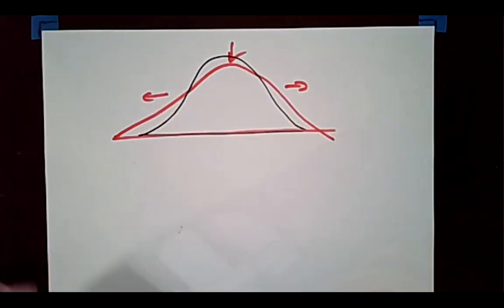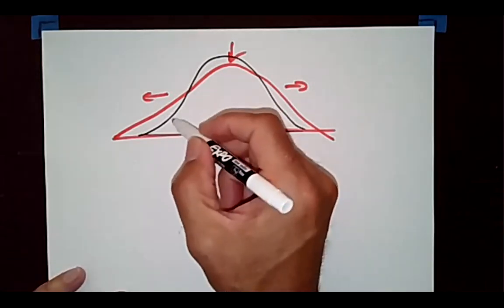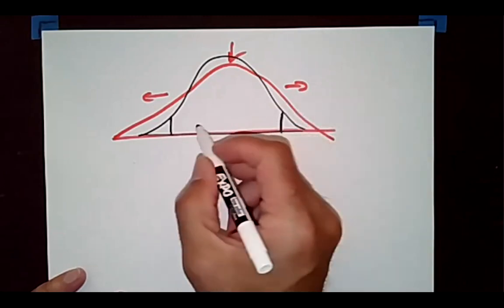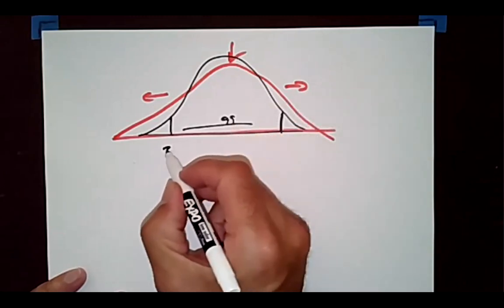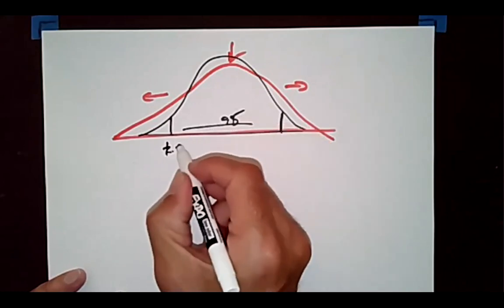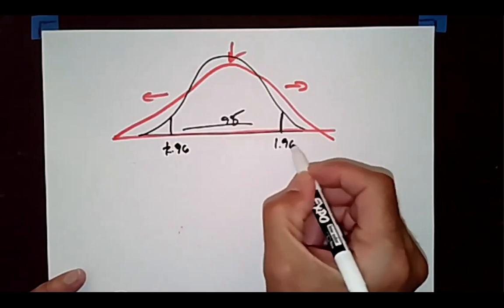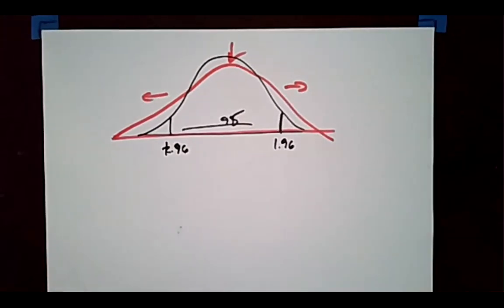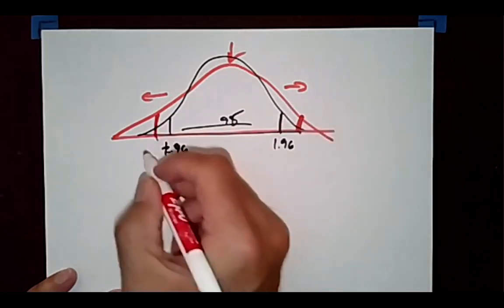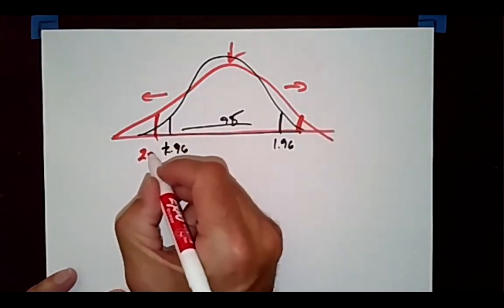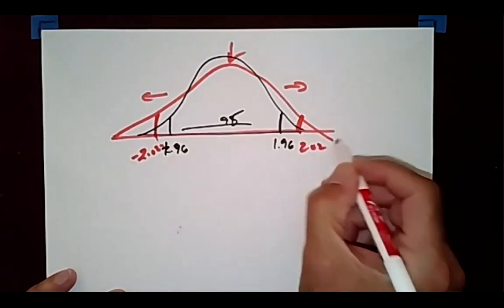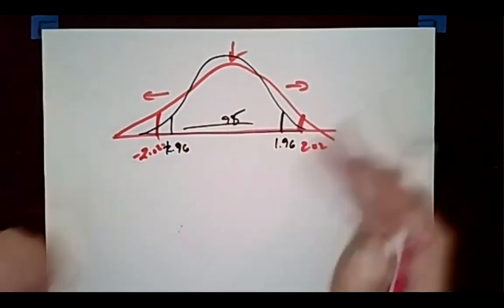So what that means is, as we just showed in the previous slides we did a few minutes ago, 95% was 1.96 and 1.96. On the T chart, 95%, right? Maybe negative 2.02, that's a negative, and positive 2.02, right? It's a little bit wider than the Z curve.